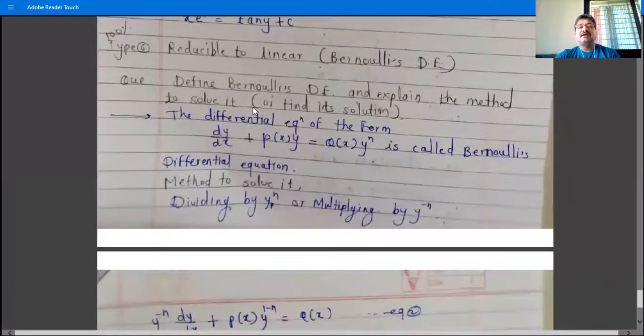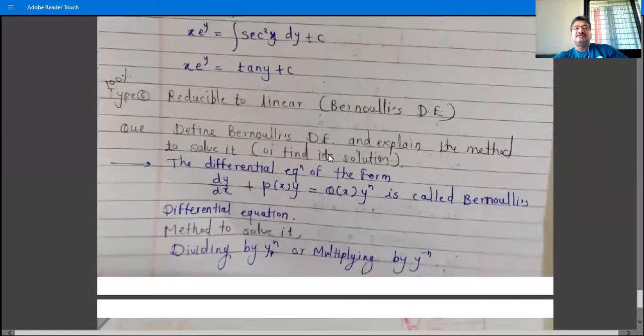So the last type of this paper, now the equation reducible to linear differential equation, that is the Bernoulli's differential equation. We will see this type in the last lecture. So this is the last type. Actually there are 8 types. So what are they? First type is variable separable.